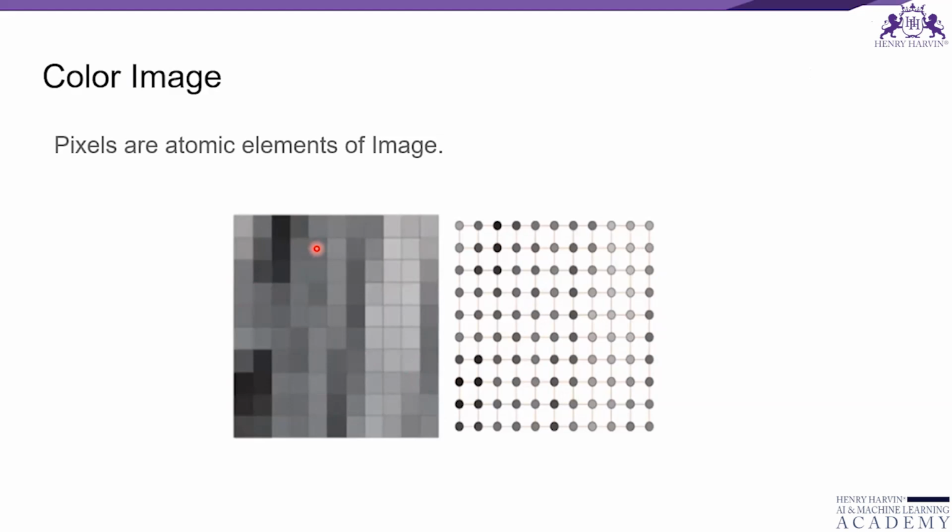Let me tell you clearly that pixels are the atomic elements of an image. So what is a pixel? A pixel is the smallest unit of a digital image or graphic that can be displayed and represented on a digital display device.